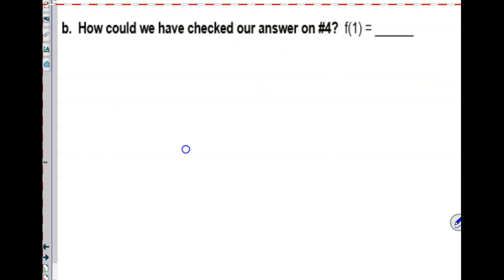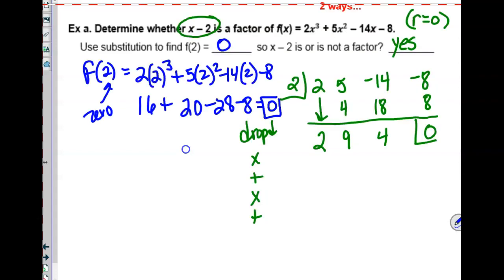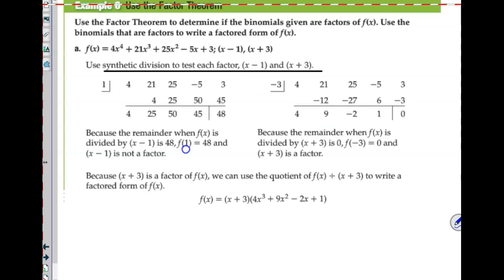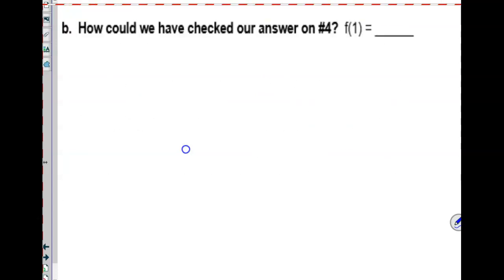How could we check our answer back on number 4 on the front side of the worksheet? Anybody tell me what number 4 on the front side said?